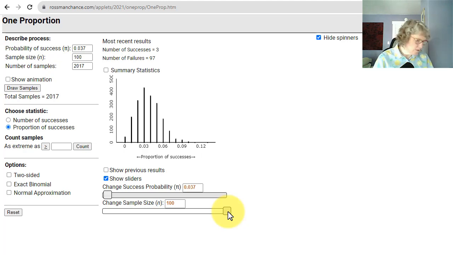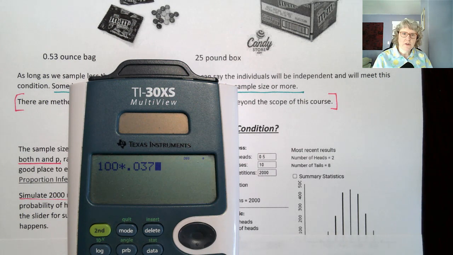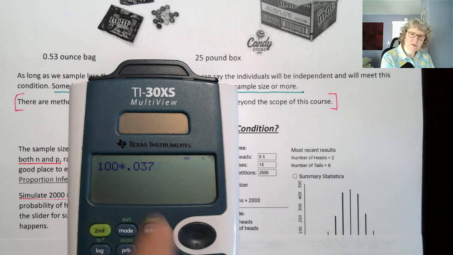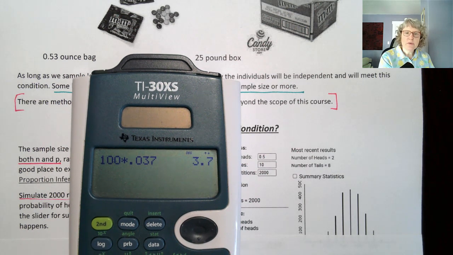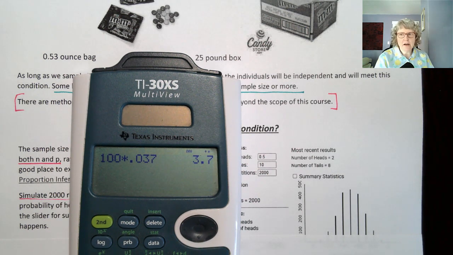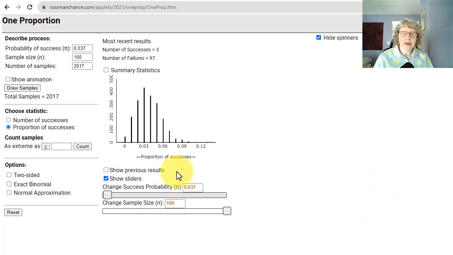I've got to go back to the notes, so I will in just one second. 100 times 0.037, I'll show you that on the notes. So I'm taking n times p, which is one of our success-failure conditions. When I multiply that, I get 3.7. So that's not quite high enough. So it's not quite symmetric enough yet.